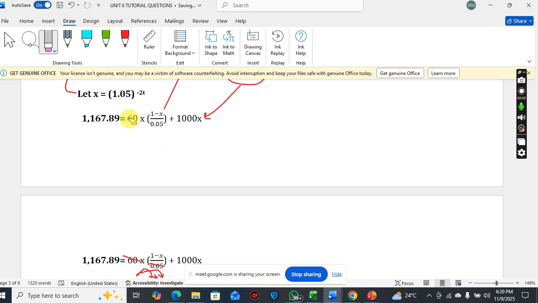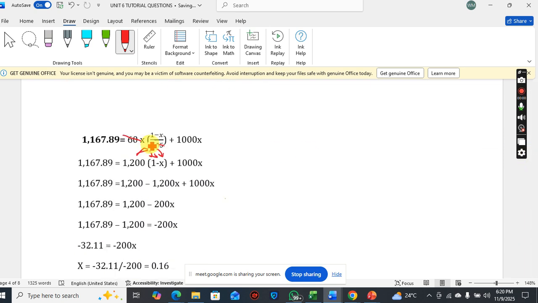If you want, you can multiply 60 times 1, 60 times x, then solve that fraction, but that also takes some time. I know most of you don't want to be dealing with fractions in the exam, so you just cancel these two out. 60 divided by 0.05, that's how I got 1200.